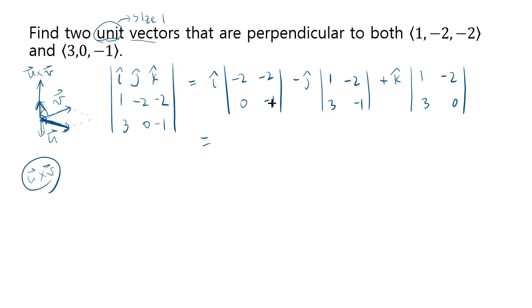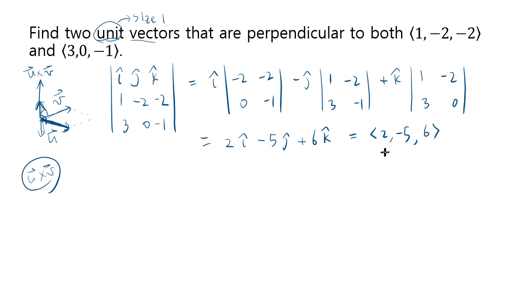That's 2 minus 0, so it's 2. For j, 1 times -1 is -1, minus -6, so it's plus 6, so it's 5, and there's a minus in front, so it's minus 5j. For k, 1 times 0 is 0, minus -6, so it's positive 6k. And so this is the vector that's perpendicular to both <1, -2, -2> and <3, 0, -1>.